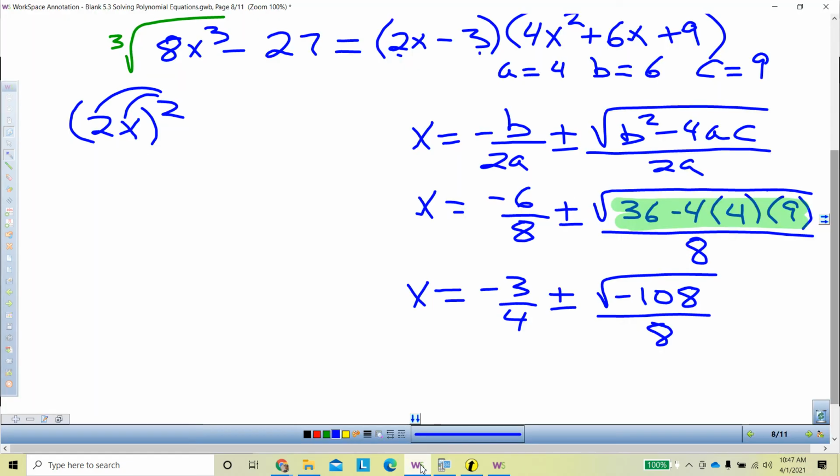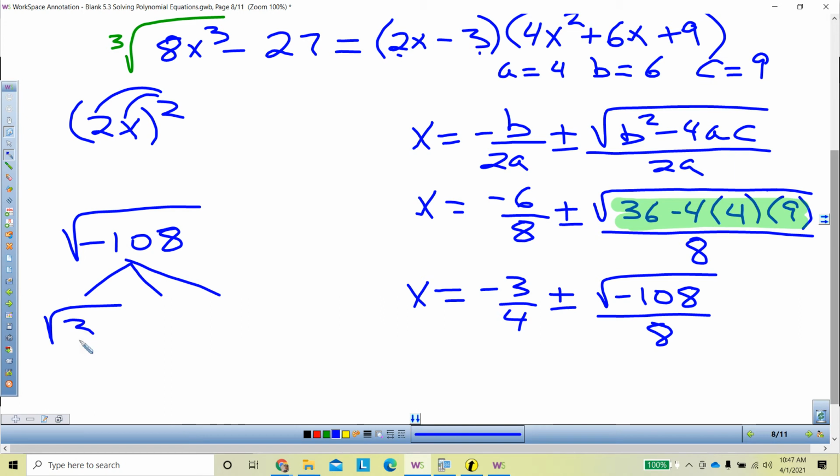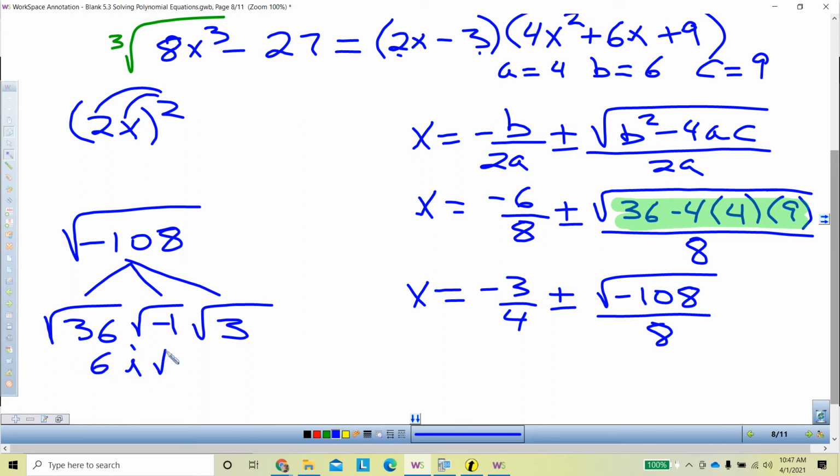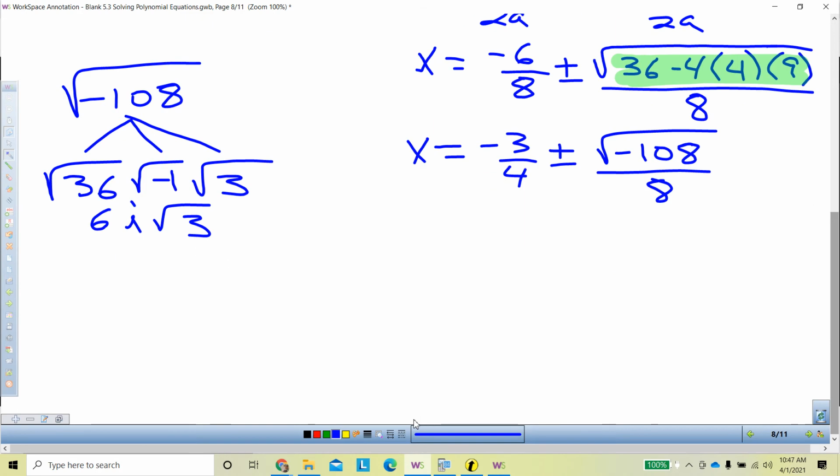So when I look at negative 108, off to the side, I want to do square root of 36, square root of negative 1, square root of 3. So see, even the problems just keep blowing up, right? It's kind of annoying, but you'll get over it. Or you won't. So that square root of negative 108 turns into 6i root 3. So we're still going.